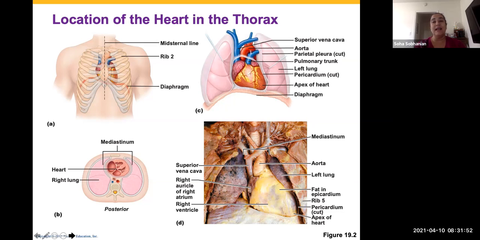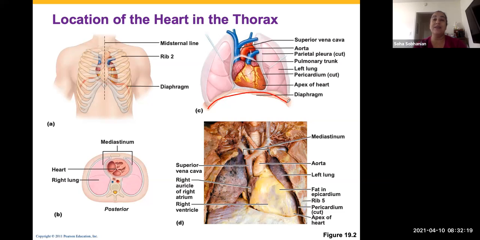The cavity itself, if you remember, is called the pericardial cavity. If you take a look at the red line that you see, with that dome shape, that's your diaphragm. You can see it also here. The diaphragm is a muscle that's part of your respiratory system, but it's also where your heart sits.